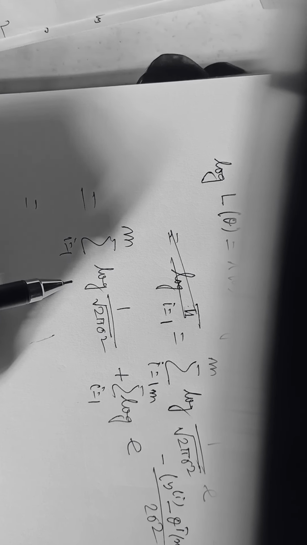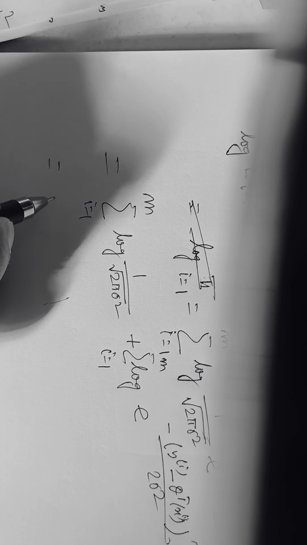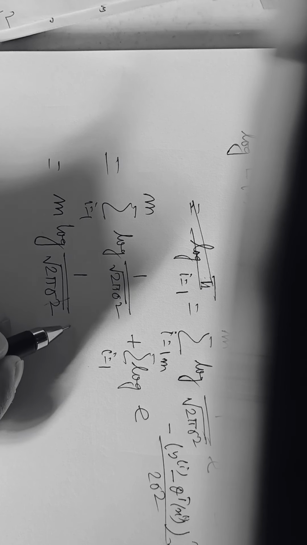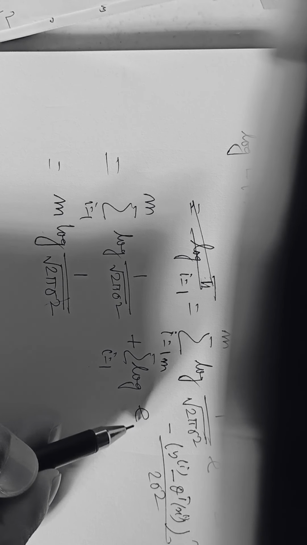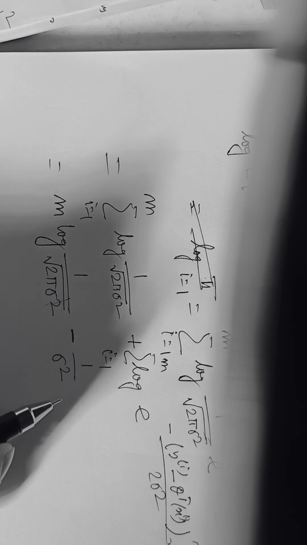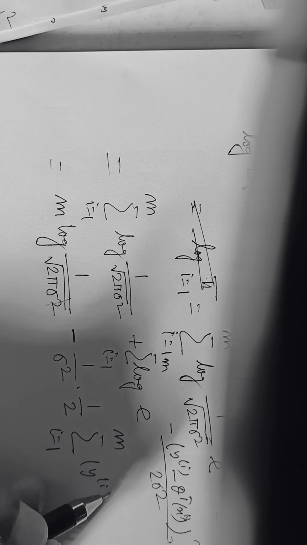So if we iterate this m terms, since this is not dependent on i, we can write this equals m log of 1 by root 2 pi sigma square. Now this log of e to the power, this means this term, so we will get minus 1 by sigma square into half, sum of i equals 1 to m, (y minus theta transpose x) the whole square.